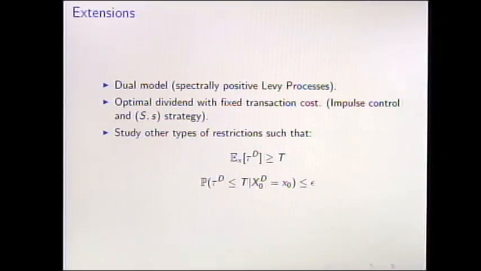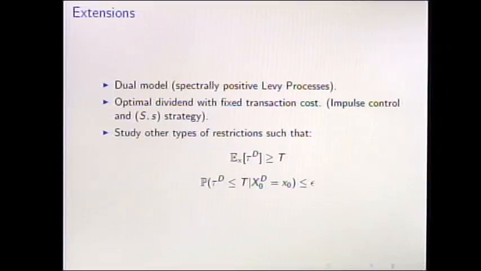In this case, it's proven that the optimal strategy is a band strategy. So if we are in some level, we take the dividends down. But then I don't have only one parameter. I have 2 parameters, 2 levels, two values of b.